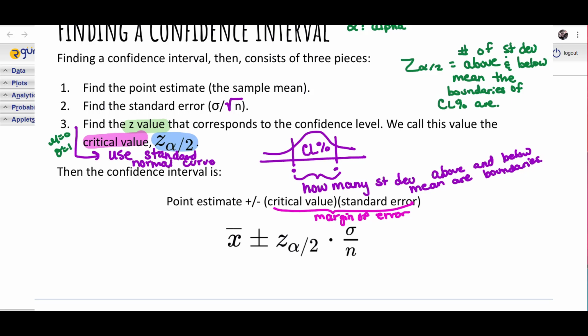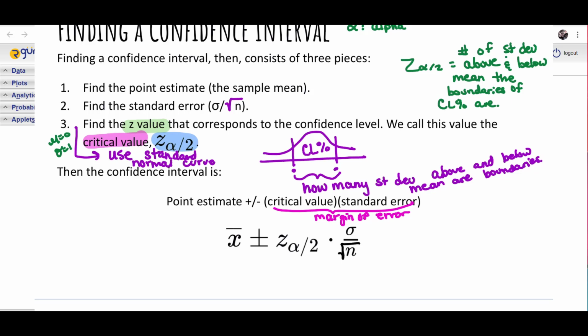And then, if you will recall, the standard error is sigma, which is the population standard deviation, divided by the square root of n. So to find a confidence interval, you start off with a point estimate, and you add and subtract the margin of error. And the margin of error is found by finding the critical value, which again, we start with our confidence level, and we find the number of standard deviations from the mean, from the center, is the boundaries, which will give you a z-score, which again is the critical value, z alpha over 2, and you multiply that times the number of standard deviations.